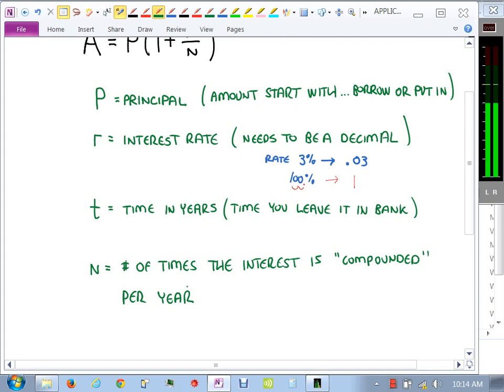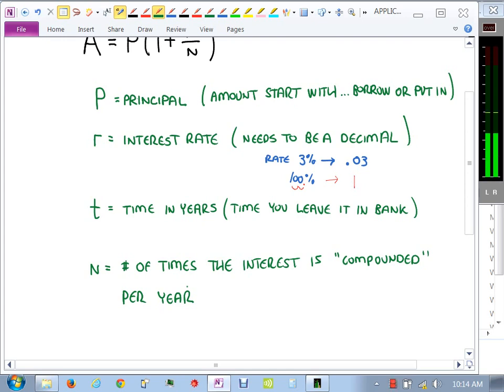Let's say that I put $10,000 into a bank. And they give me 5% interest. And they compound the interest one time a year.